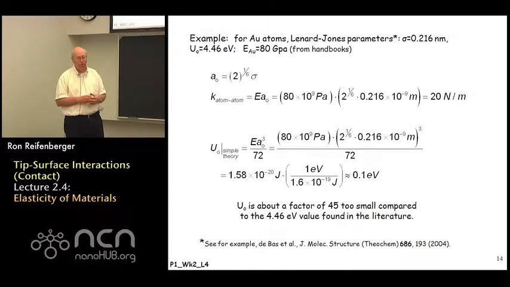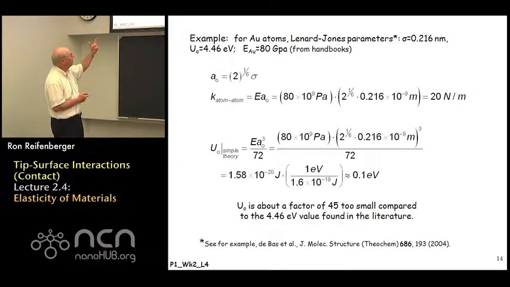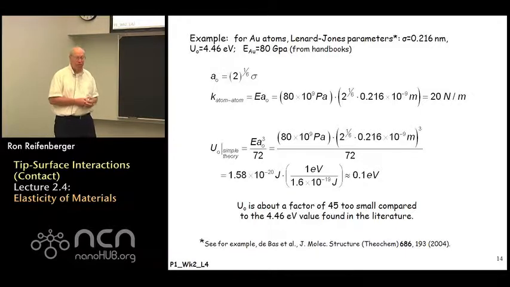I found those in the literature. I also looked up the elastic modulus of gold. It's about 80 gigapascals. That's a value that you find from the handbooks. And when you apply this very simple model, you find out that U0 should be on the order of 1/10 of an eV. That's probably about 45 times too small compared to values found in the literature.